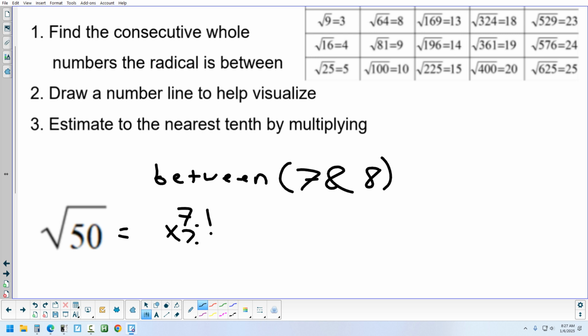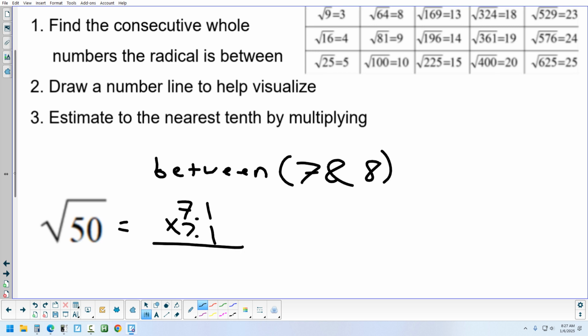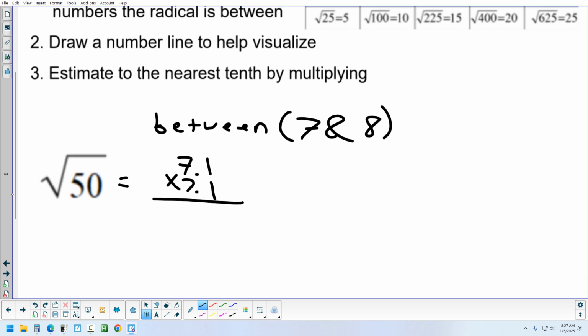7.1 times 7.1. That's basically all you do, is you figure out what 2 numbers it's between, and then check an answer. I don't think it's going to be like 7.3 or 7.4. I think that's going to be too big. So when we multiply this out, 1 times 1 is 1. 7 times 1 gives me 7. 7 times 1 is 7, and 7 times 7 is 49.